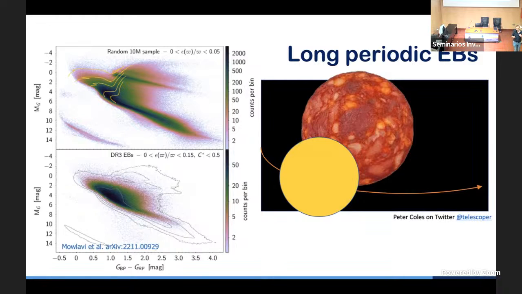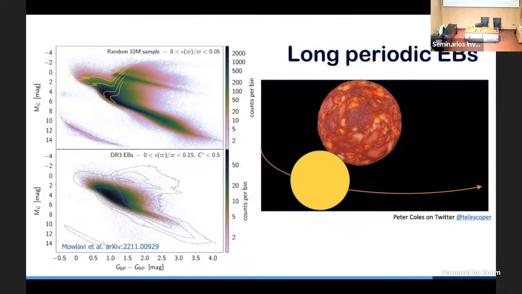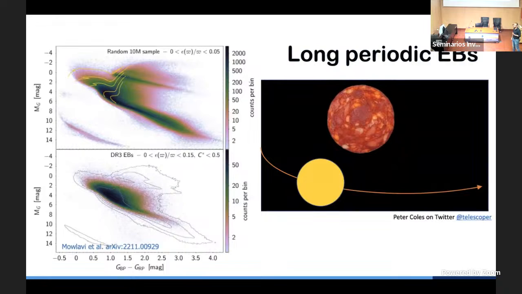And the thing is that because giants are so big, they need orbits of several hundreds to 1,000 days. With this, it's very difficult to find eclipsing binaries, because if the binary system is growing bigger, the cross section of the two is getting smaller, and we need a more accurate alignment along the line of sight.